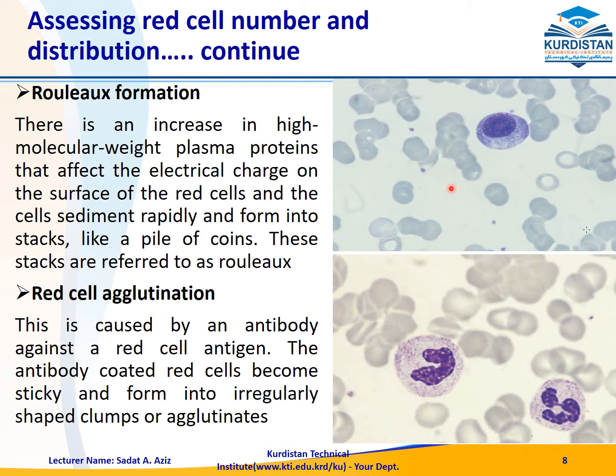And if you have a look at the Rouleaux formation and the RBC agglutination, you can see the difference. In the case of red blood cell agglutination, the cells are aggregated and stacked together, while in the case of Rouleaux formation, the cells are piled, or accumulated on top of each other.